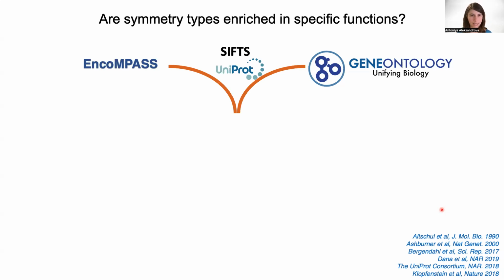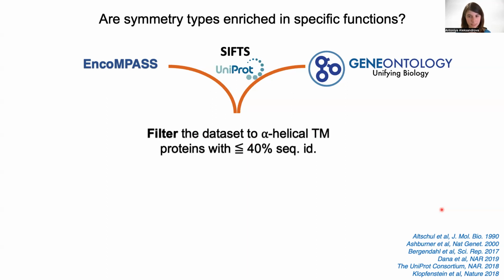And in very limited cases, when SIFTS wasn't able to assign GO terms to structures, we also looked them up in the UniProt database. Here we present the results for a dataset that has once again been filtered to contain structures with no more than 40% sequence identity, and we're limiting it to alpha helical transmembrane proteins for simplicity.